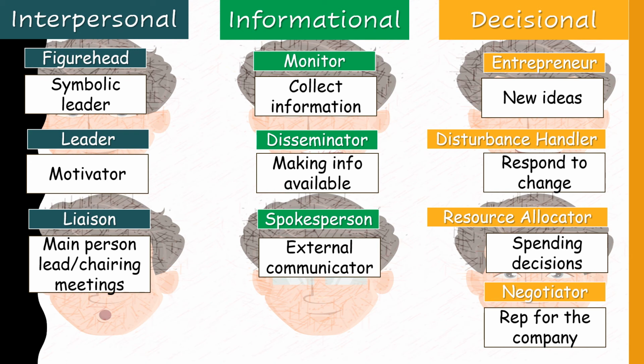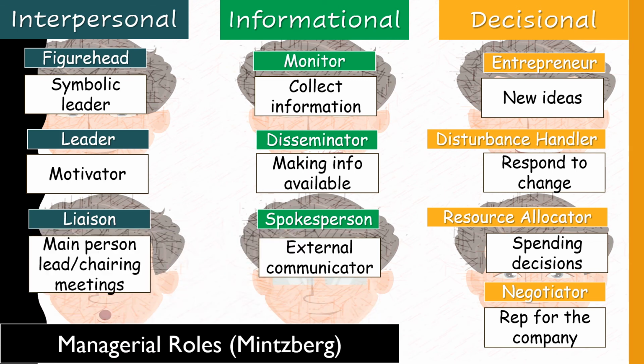They represent the company in deal making and in discussions of a better price, so to speak. So there you go. You have all 10 managerial roles, with a description of each role to help you understand better what those roles mean.